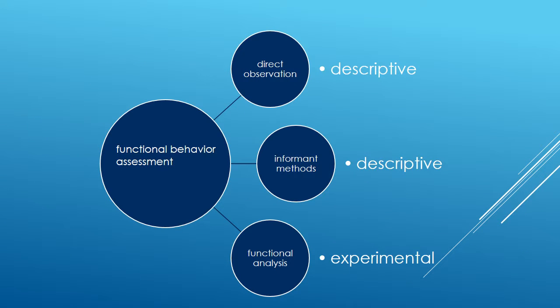We see here the functional behavior assessment being the key point. Off of that are the three forms of information, ways that information can be gathered: direct observation, informant methods, and functional analysis. Both direct observation and informant methods are descriptive. A functional analysis is experimental.